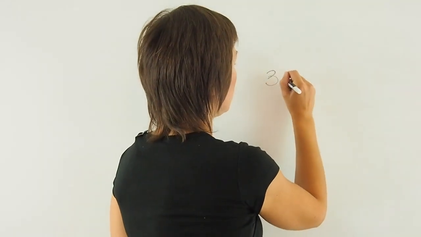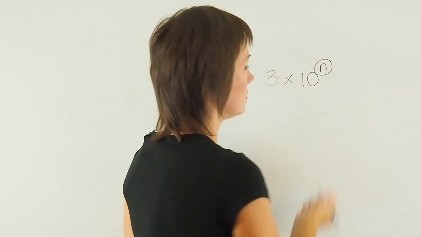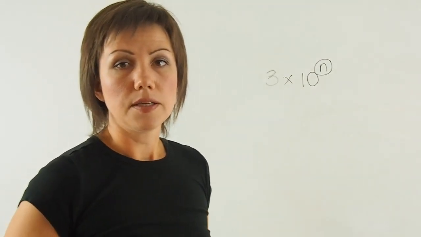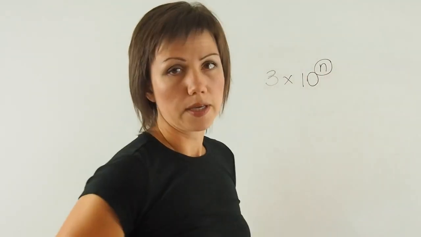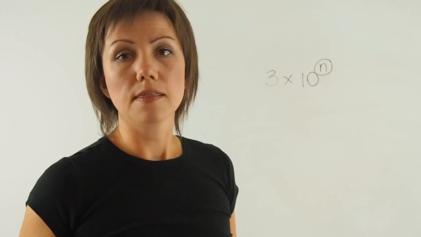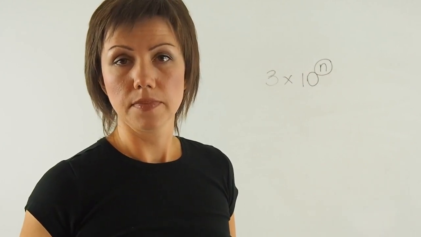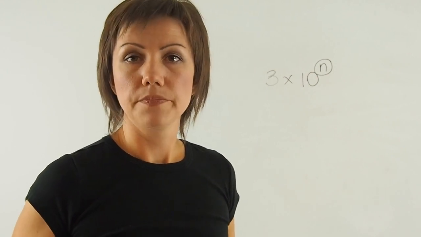A scientific notation is a number times the power of 10. So, depending on how large your number is, 10 will be to a given exponent. For example, if I'm talking about 3 million, how many zeros does a million have? 6.